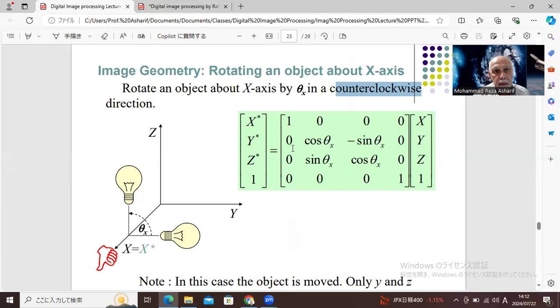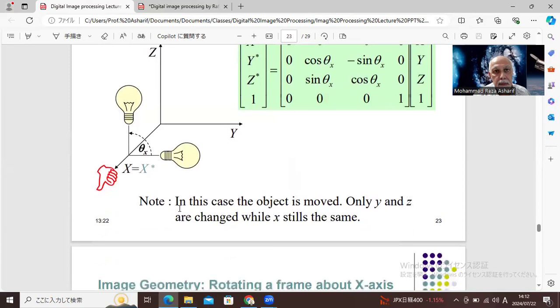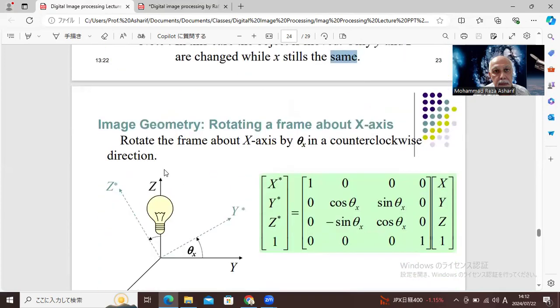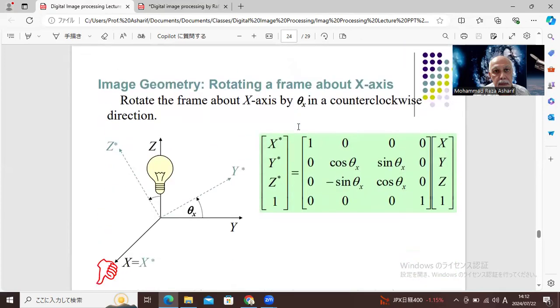This is for y and z changes, but x doesn't change because we are rotating the object about the x-axis. In this case only y and z are changed, while x is the same. The next one is the same.